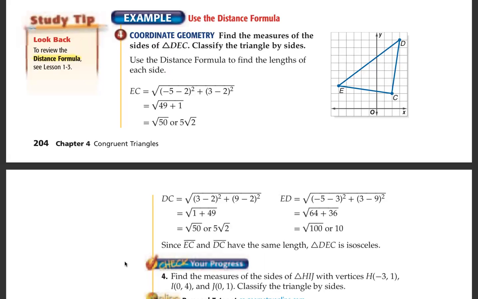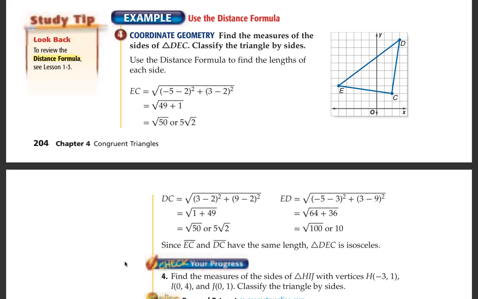DC is also square root of 50. ED is square root of 100 or 10. Looking at the three answers, we found out that there are two equal sides. Since EC and DC are equal, we conclude that triangle DEC is an isosceles triangle.